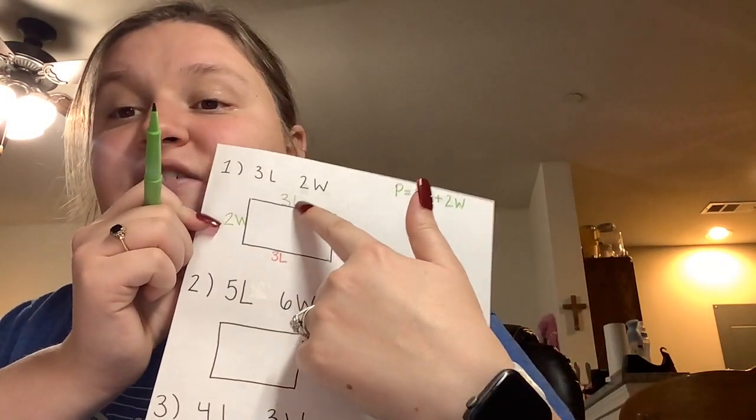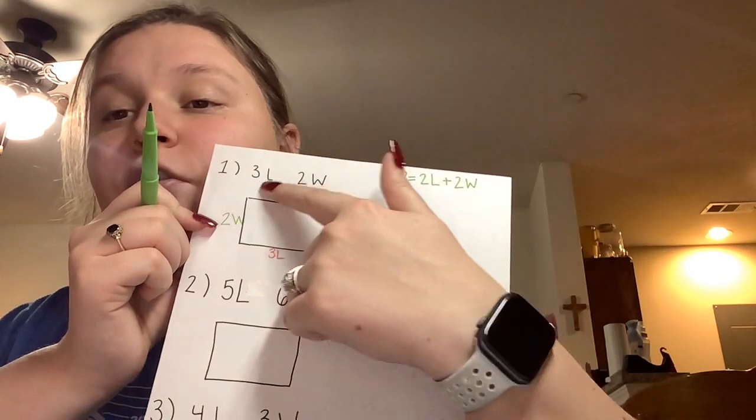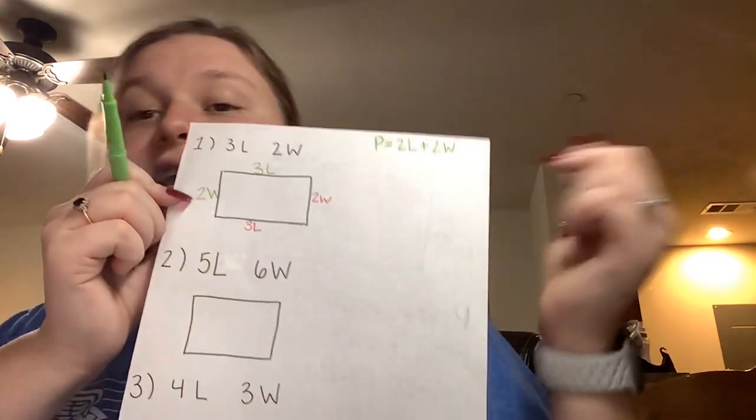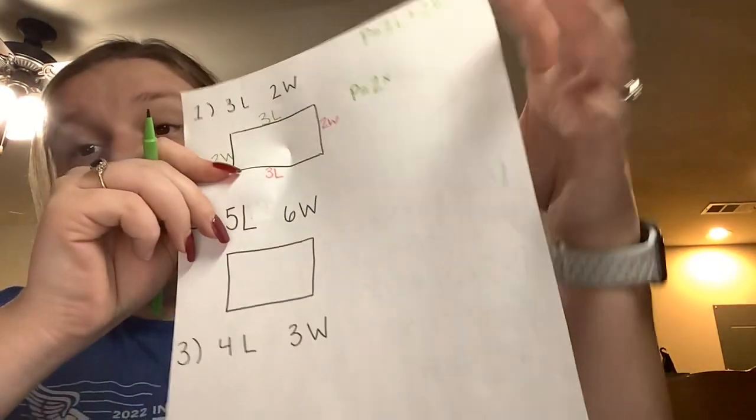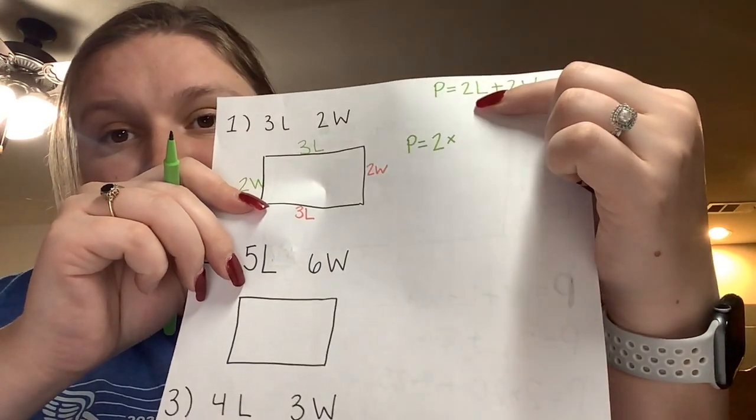Okay, so if we know that the length is 3, we can plug it into our formula. So let's write P equals, keep the 2, times, what is the length?